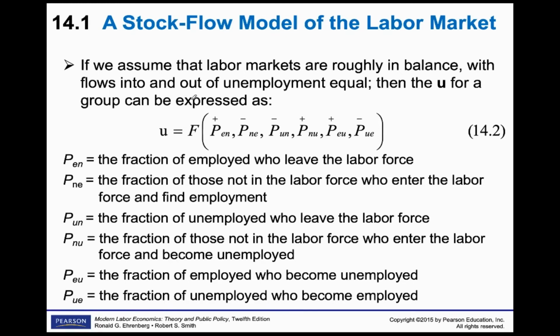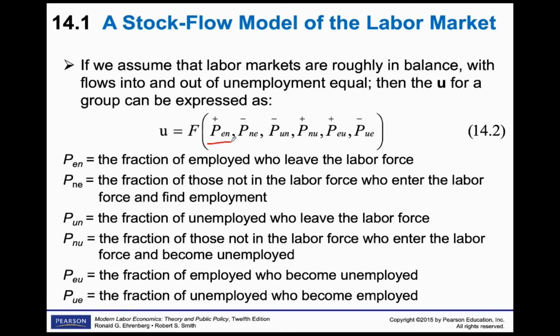With that assumption, we find that unemployment rate in the economy is a function of the following factors. And we have derived, using the stock flow model, the fractions here. For example, the first one, the fraction of unemployed who leave the labor force.